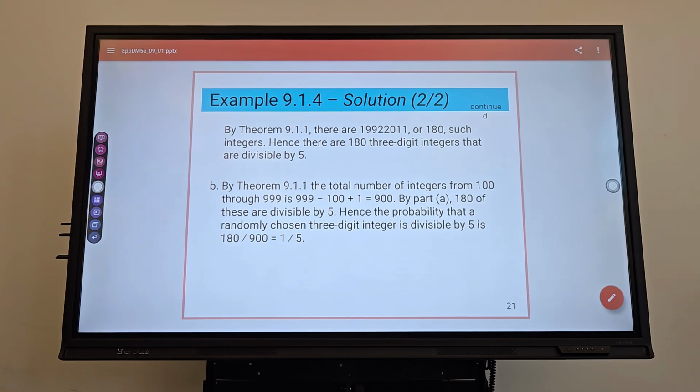Since there are 180 3-digit integers that are divisible by 5, and by theorem 911 the total number of integers from 100 to 999 is 900, by part B, or part A, 180 of those are divisible by 5. Hence, the probability that a randomly chosen 3-digit integer is divisible by 5 is 180 divided by 900, or 1/5.